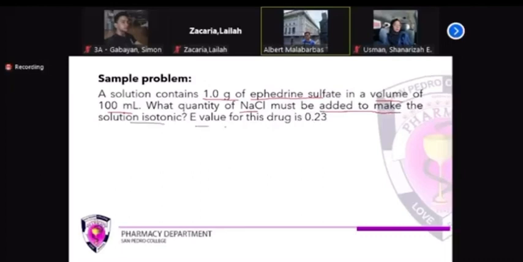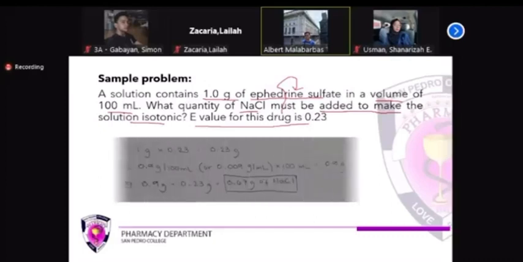The E-value of the drug, your ephedrine, is 0.23. So, paano ba ito gawin? Step 1, ang gagawin sa step 1 is that you need to multiply the amount in grams of the drug to its E-value. 1 gram times 0.23. So, you will get 0.23 grams for this problem.